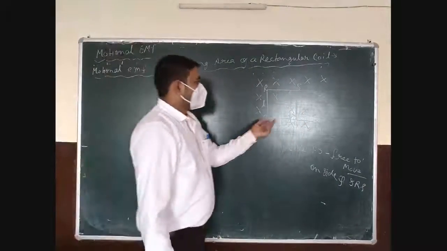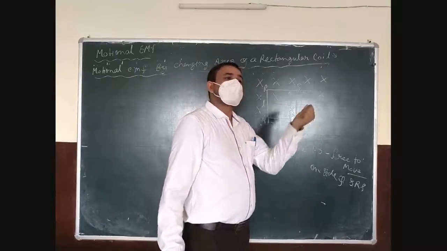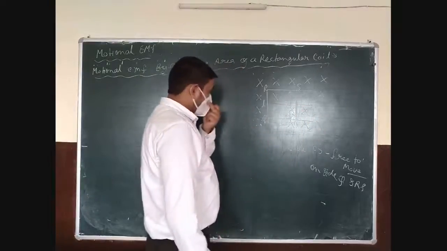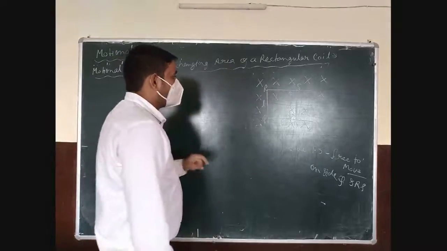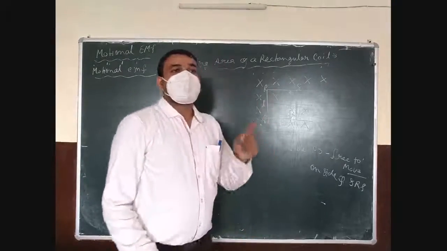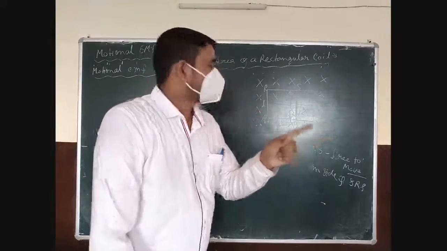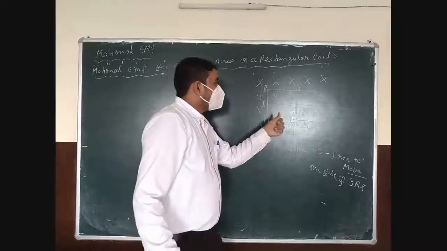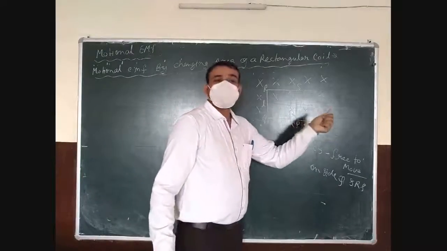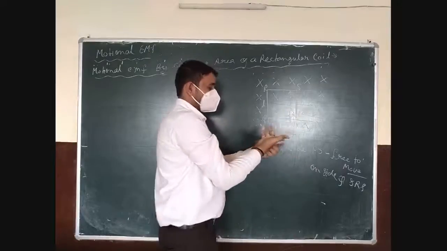Now, when the coil is kept in the uniform magnetic field, which is directed inward to the plane of the paper or board, then by using the right hand rule we find the direction.